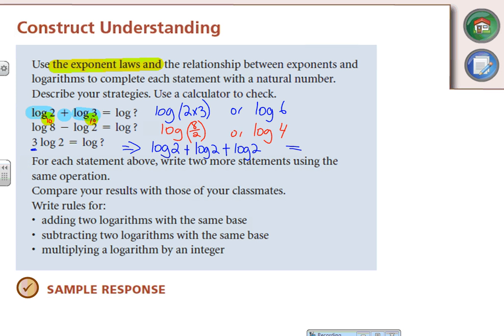Using the multiplication law that we just saw in the first one, that would have been log of 2 times 2 times 2, which is the same thing as saying log 2 to the 3. Oh, look at that. This 3 was what was multiplied in front. Interesting. Or log of 8.